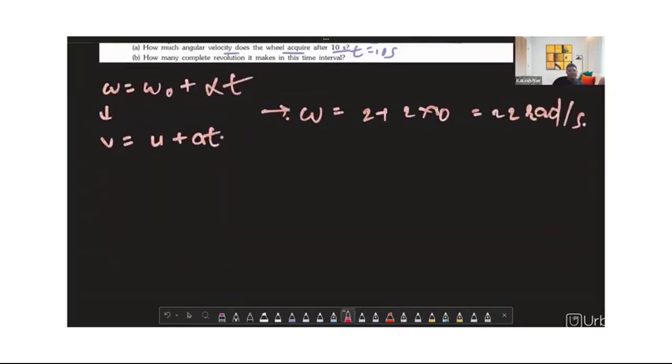In the second part, these are certain formulas and derivations which will be discussed in my upcoming sessions.